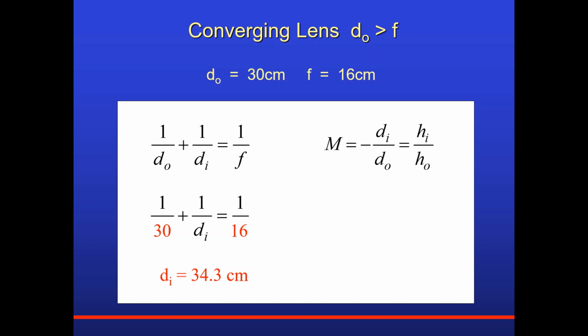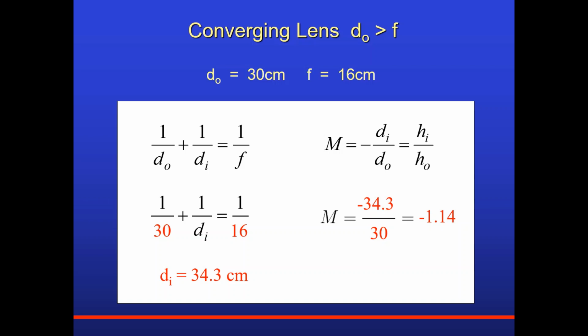Now for the magnification. Minus DI over DO. So that will be minus 34.3 over 30 equal to minus 1.14. You can follow along with your calculator if you like.